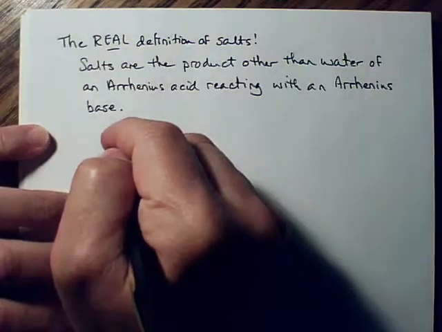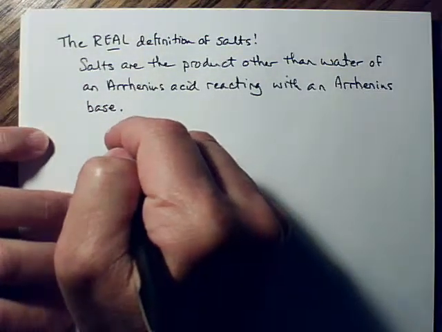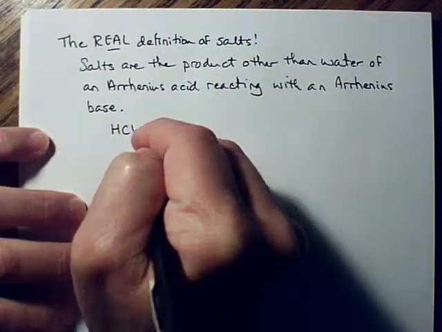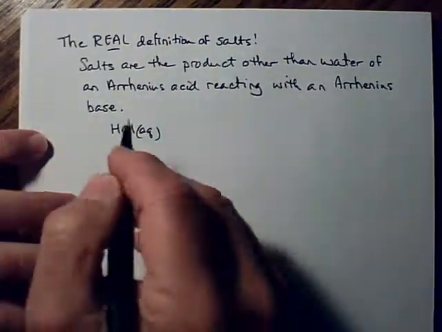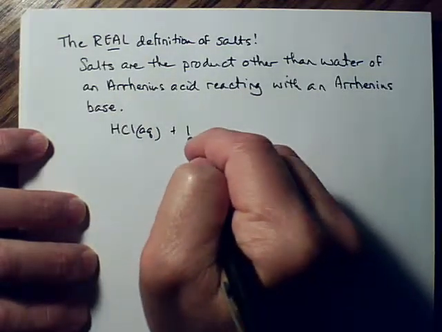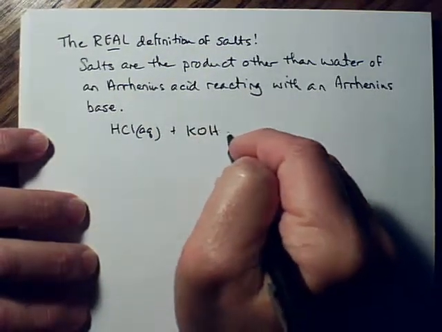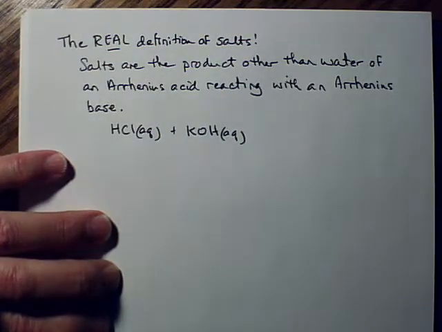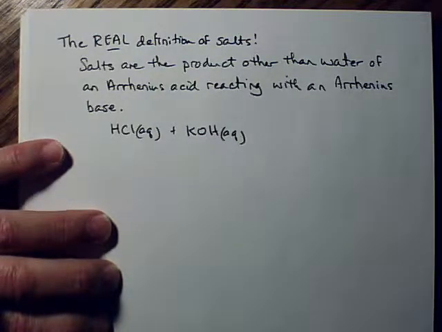So let's see, the strong acid we used in our lab Tuesday was hydrochloric acid. And if we react hydrochloric acid with the base that we used in the lab, this then is one of the 5 major classifications of chemical reactions.